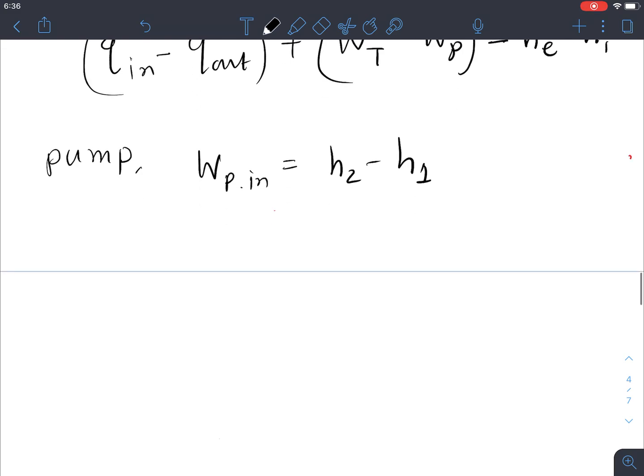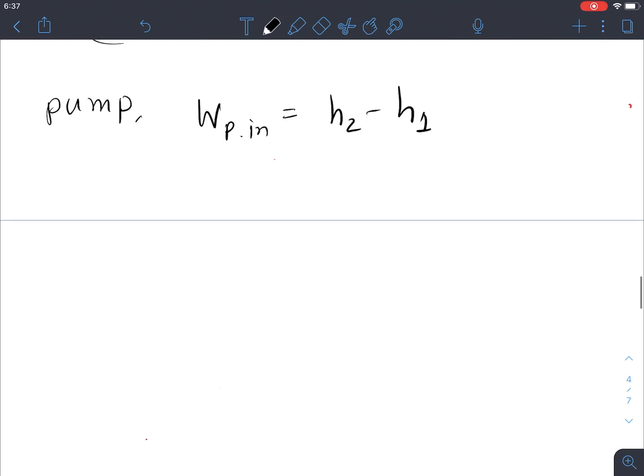So H1 is the enthalpy at state 1 and H2 is the enthalpy at state 2. In chapter 7 we saw that if it is a steady flow device, with a constant amount of mass flow coming in and going out, then the expression of the work would be something like this.